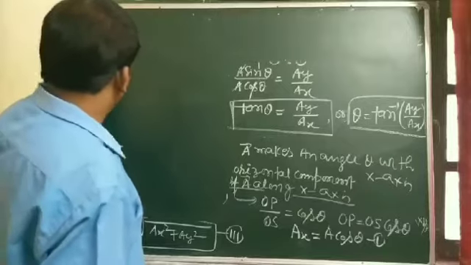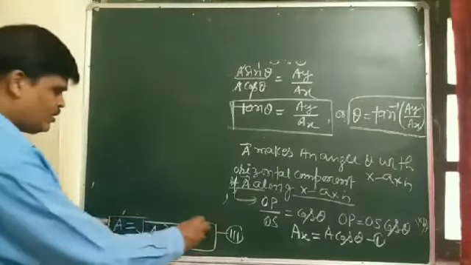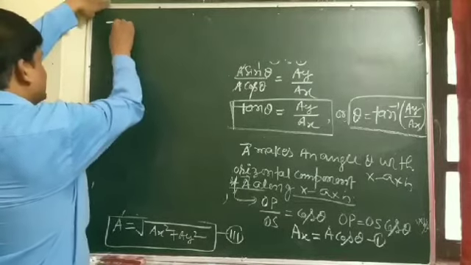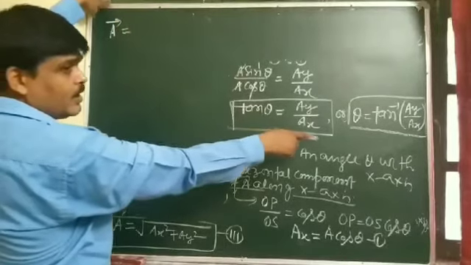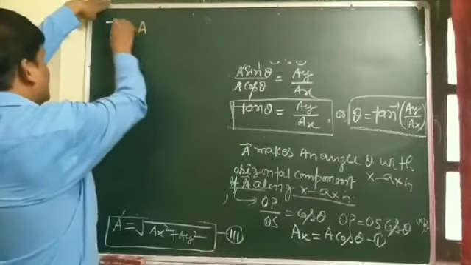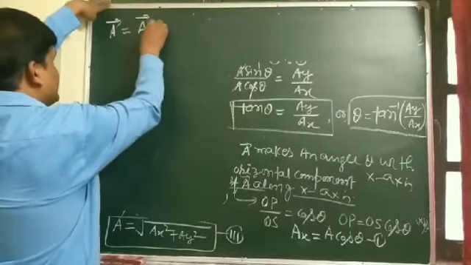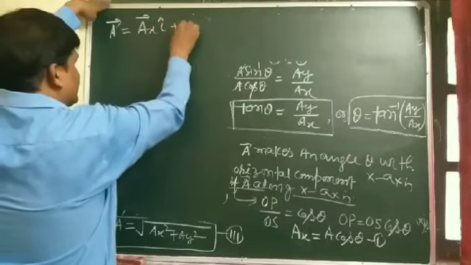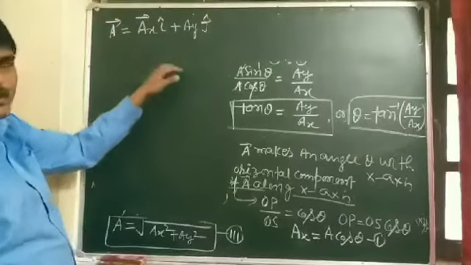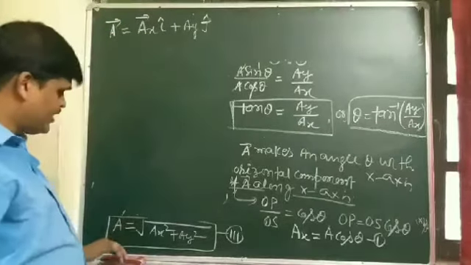And for numerical purposes, the rectangular components of a vector in a plane: vector A can be written as Ax i plus Ay j. In a numerical problem, we have to find its magnitude.